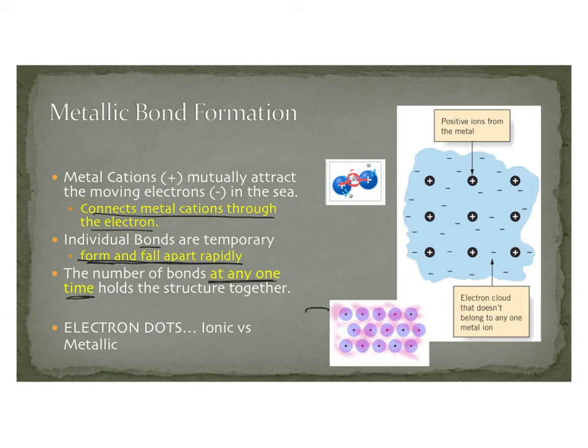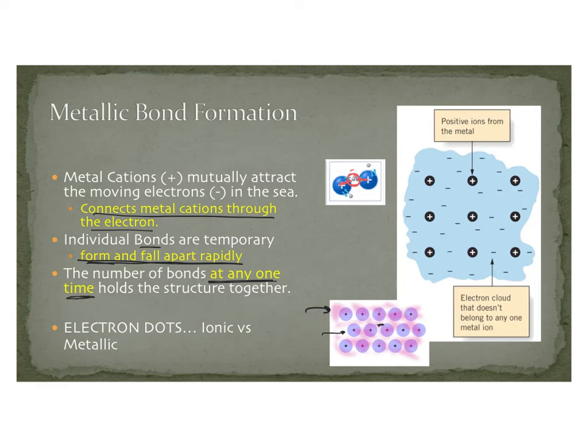You can think of the pink clouding here as being different attractive forces between the cations and the electrons moving in between them. You'll notice in some places it's a really strong attraction at a point in time, and in other places there's almost no attraction at all. But in general, there's so much attracting going on at any one point in time that it holds the structure together as a whole.